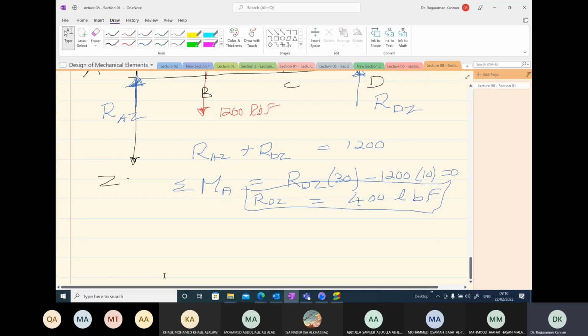We can then solve for RAZ, and we get 800 pound force.